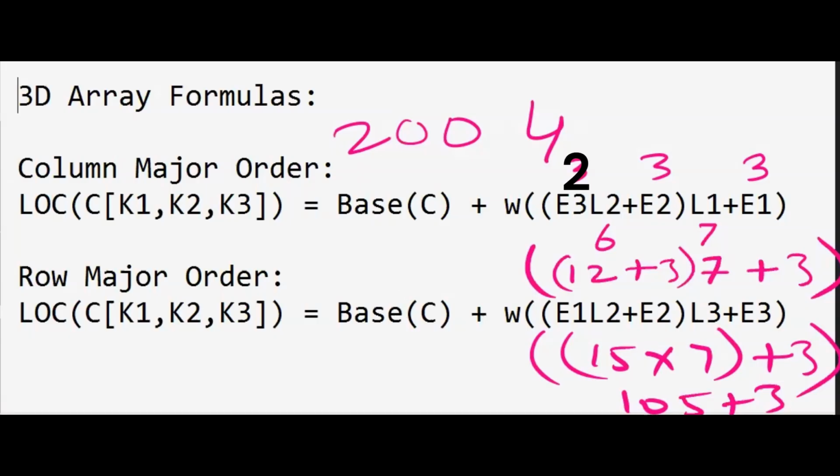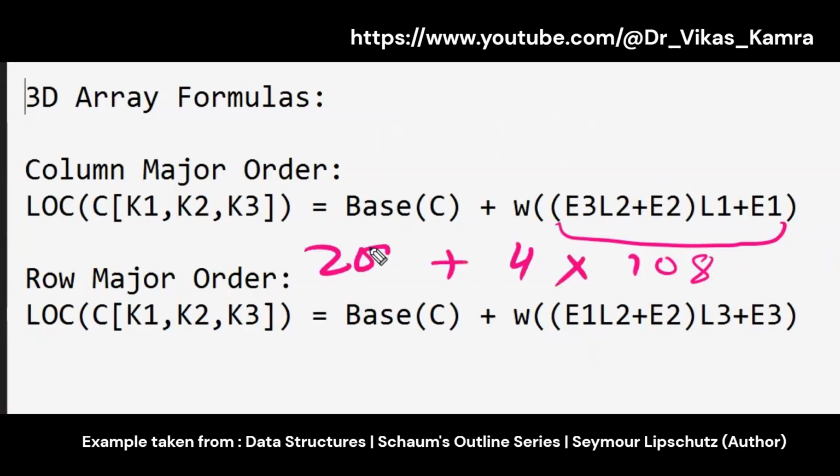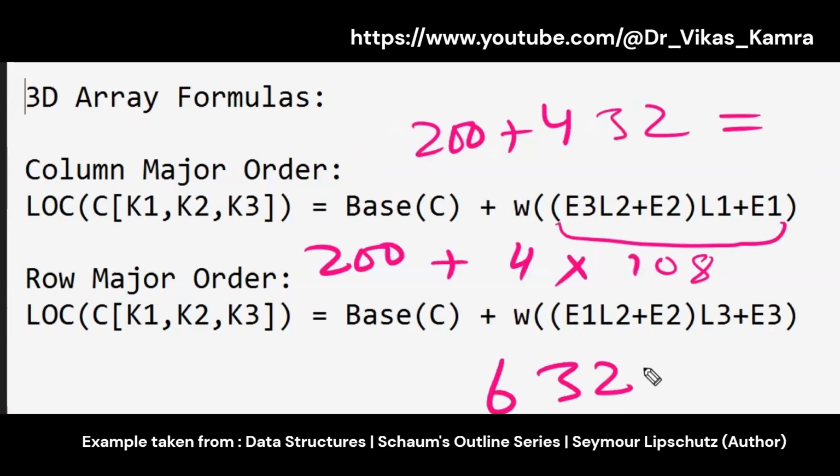So this complete value became 108. It is multiplied by 4, plus the base address, which is given as 200. So 108 into 4, 432, plus 200. So the answer became 632. It is the answer for column major order.